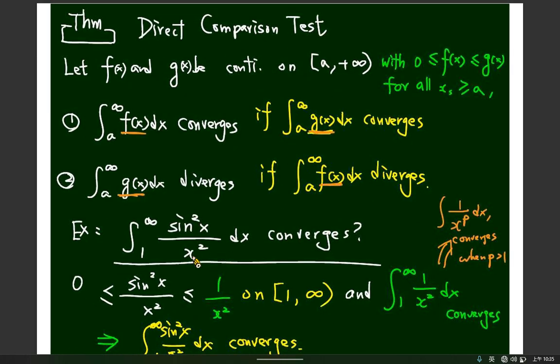I also show you an example, even though this one is not easy to calculate. However, because sine square x is always less than or equal to 1, we can have this relationship. So then we can conclude this one is convergent, so that this one will also be convergent.